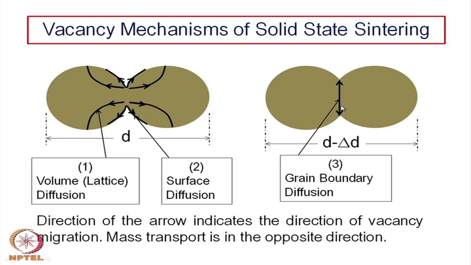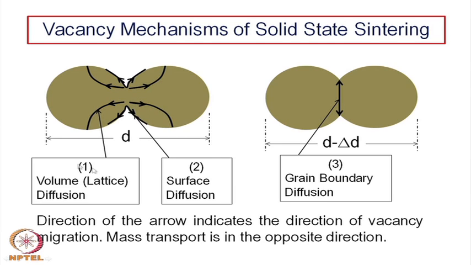So, the vacancies can go along the grain boundaries, okay. Basically at this point the vacancy concentration is highest, and the vacancy concentration is less here and also relatively less there. So, the vacancies can move from this towards that, or from this towards that, and then here from this along the surface or along the bulk.